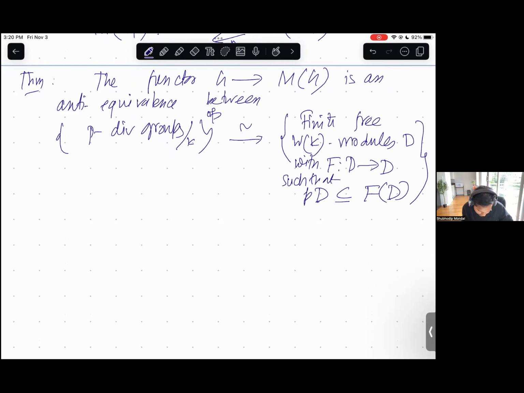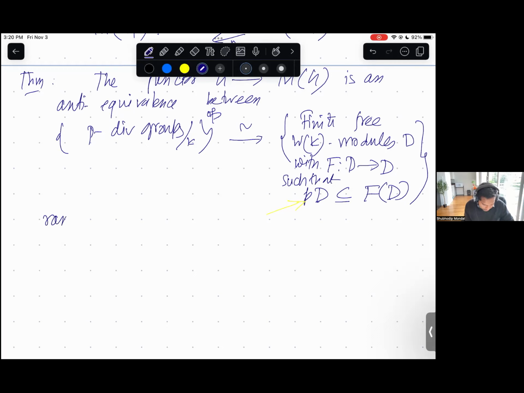in this case, this last condition is actually just there to ensure that we can also define a map V such that FV and VF is equal to p. And given the condition you have, and also using the fact that D is finite free, just this condition would allow us to construct such a map, which we actually suppress in this case.